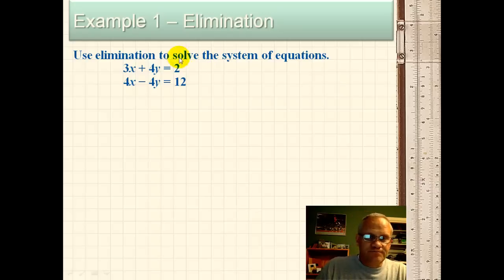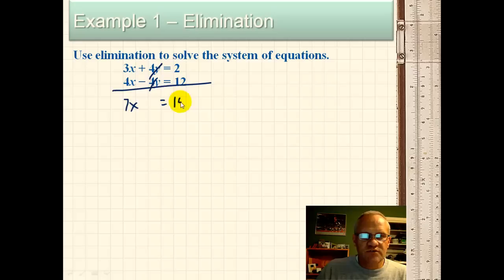So let's do that. This is just kind of like elementary school when you add stuff together. So we're just going to add 3x plus 4x is 7x. 4y plus a negative 4y, they cancel. And then 2 plus 12 is 14. Just add down the columns.